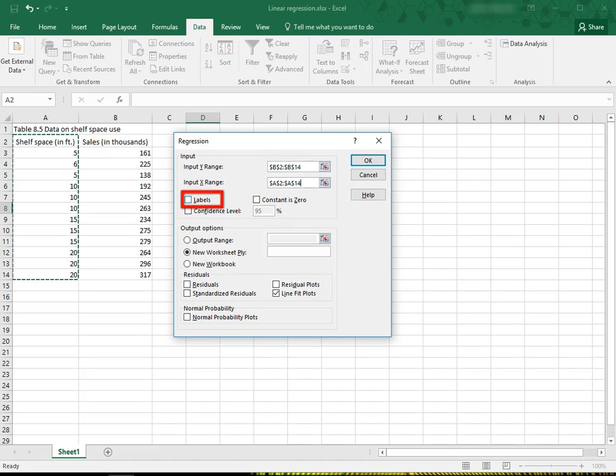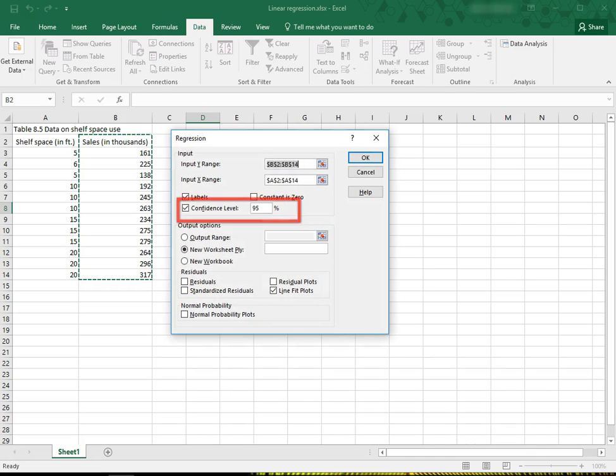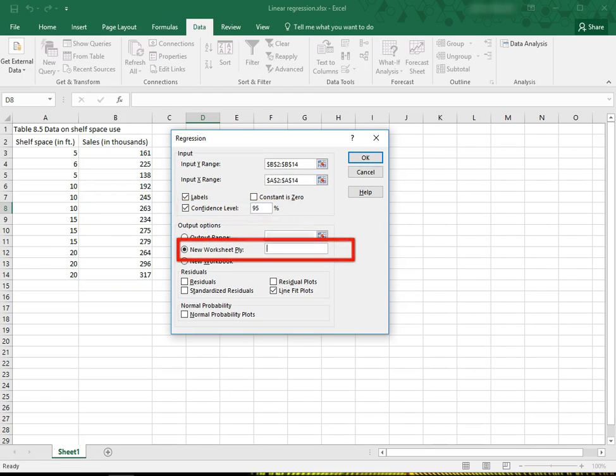We will need to check the box for labels because we've included labels in the data range, and we've done that so that they'll be depicted in the graph that we produce later. We also would like to check the box for the 95% confidence level and indicate that we would like our output on a new worksheet ply. We also want to make sure the box for line fit plots is checked.